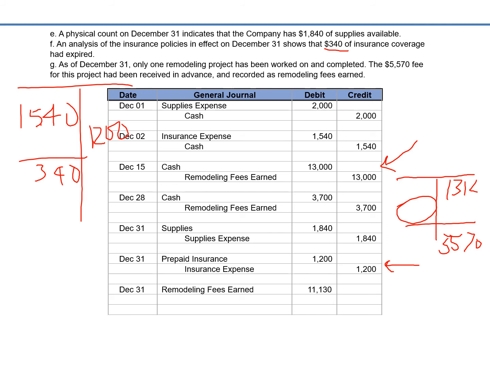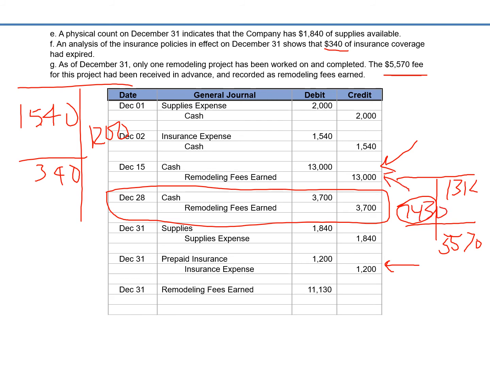So they're lumping both of these together. Let me back up. Only one of the jobs has been completed. So what they're also saying is that this job here has not been completed at all. So really what you have is $7,430 for the $13,000 job. We have to reduce our revenue by $7,430 from this $13,000 because only one of the jobs has been completed, which also means this cash and remodeling fees earned of $3,700 has also not been completed.